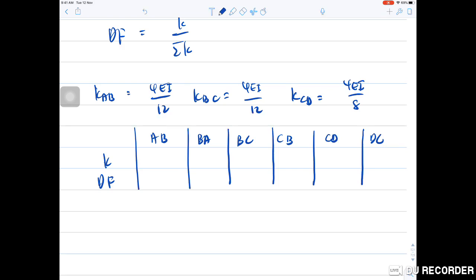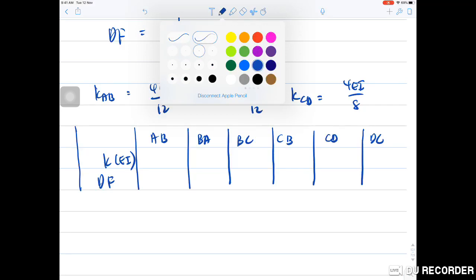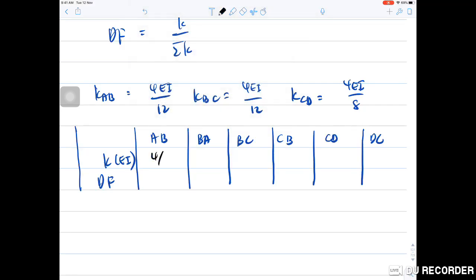They are all 6. K in terms of EI is 4 divided by 12 for member AB. For member BC, it is 4 divided by 12 also. For CD, it is 4 divided by 8.